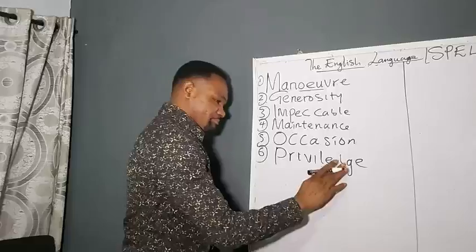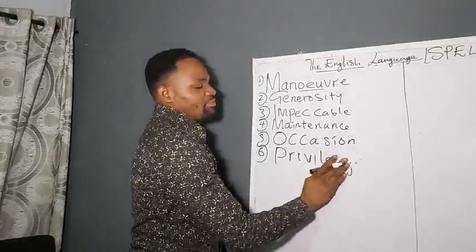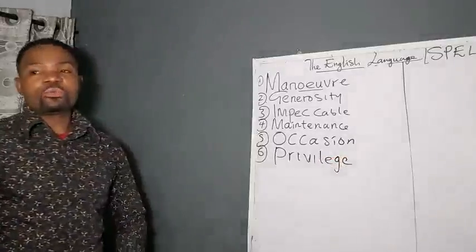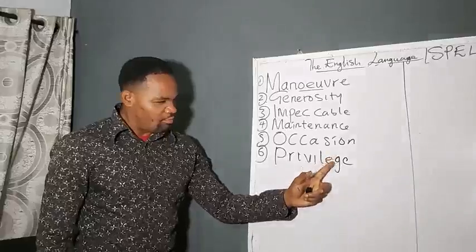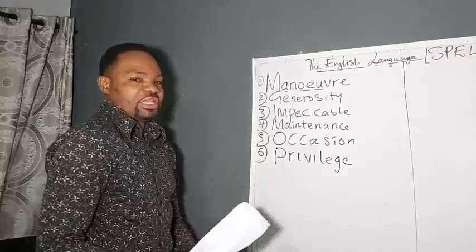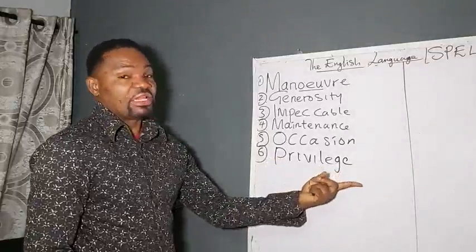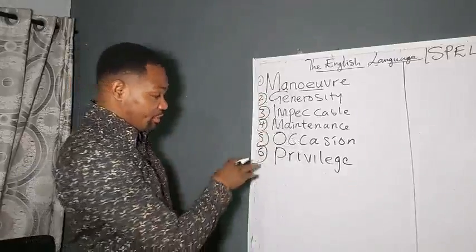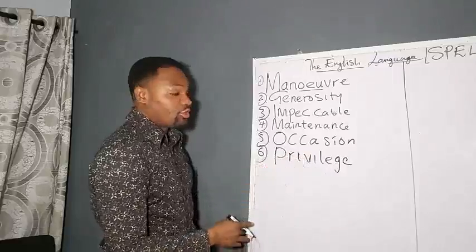There's no D. So it goes along with GE. Because most exam takers always add the D in it. So it's going to sound odd, but the right spelling is privilege. Please, no D. But when you talk about knowledge and all that, you can have the D in it. But this time around, there's no D in privilege. Please, you need to know that.